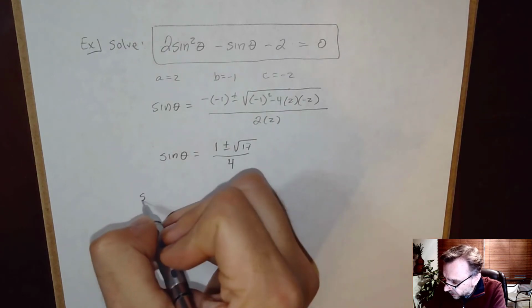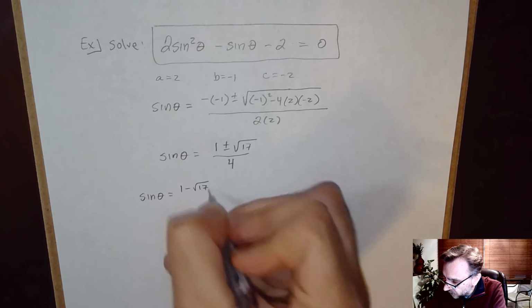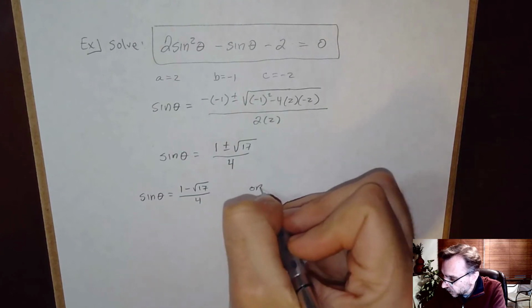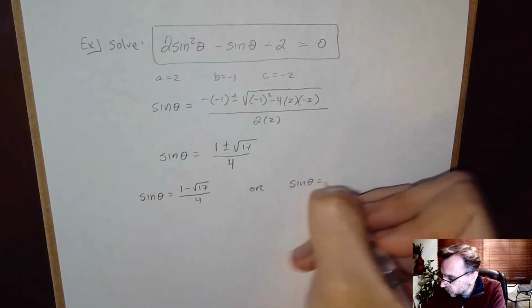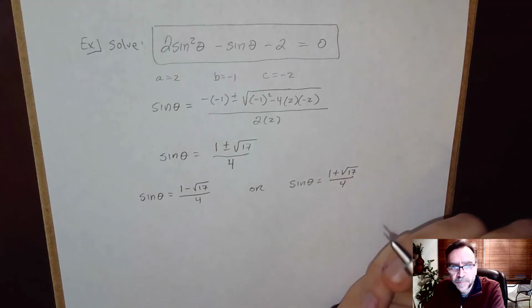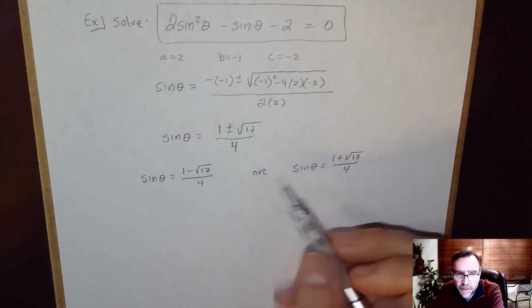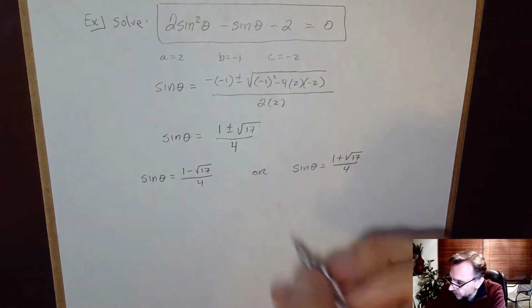Okay, so let's break that up. We have sine theta equals 1 minus square root of 17 over 4, or sine theta equals 1 plus square root of 17 over 4. And so from here, like I said, it's hard to work with these exact ratios, so I'll do those on a calculator.